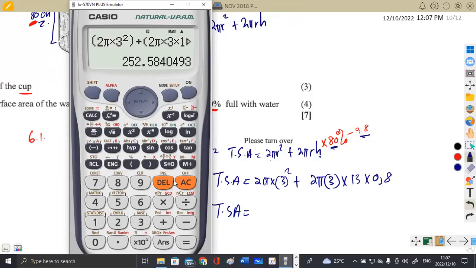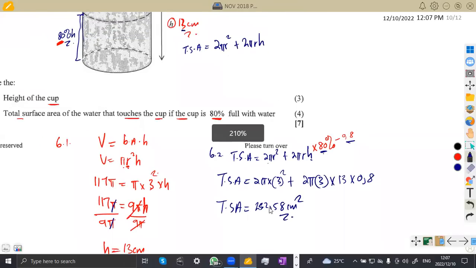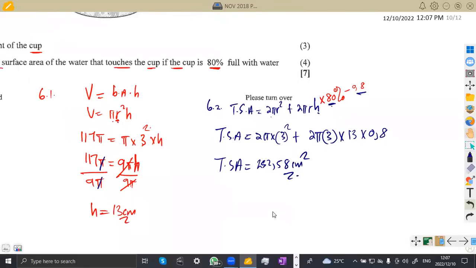So we are going to obtain 252.58 square centimeters. Take note, you are dealing with the surface area, so it is measured in square centimeters.